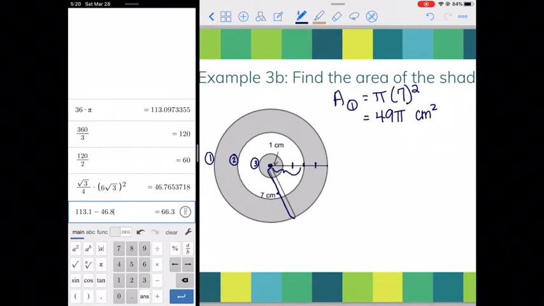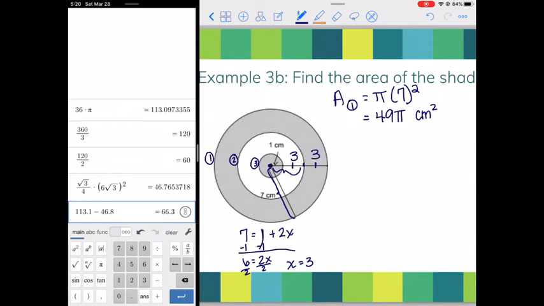So if the whole radius is 7 centimeters, and the smallest part is 1, and these two are going to be the same, whatever they are, I'll say 1 plus 2x. So to find the value of x and how thick each of those bands are, I'm going to subtract 1. So I get 6 equals 2x, and then I'll divide by 2. So that tells me that x equals 3.